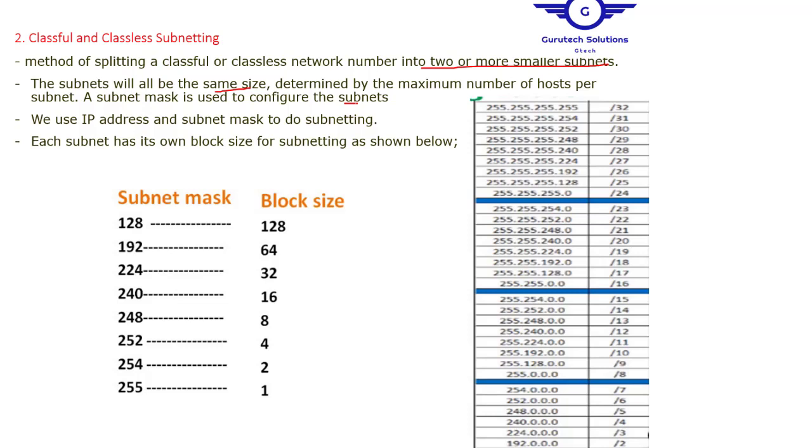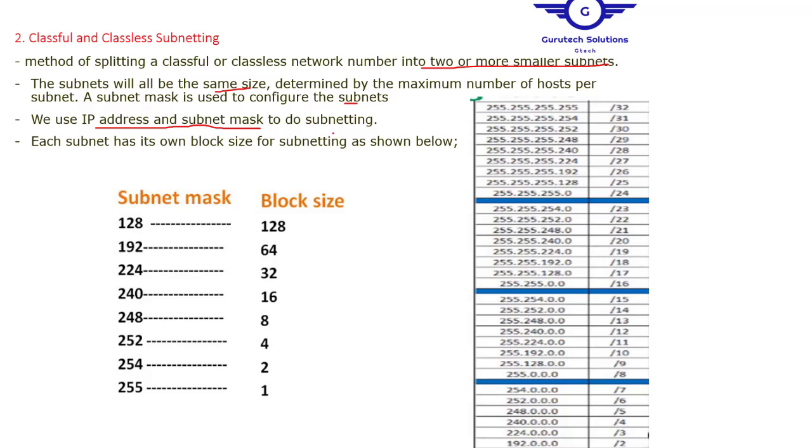So in classful or classless IP address subnetting, we use the IP address and the subnet mask to do subnetting. It's the IP address and the subnet mask that help us do subnetting. Then we see that each subnet has its own block size for subnetting as shown below.